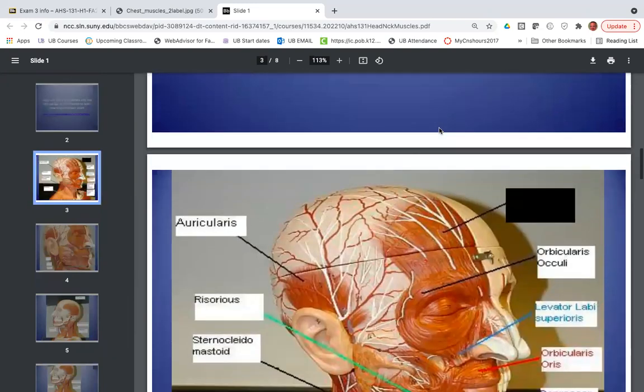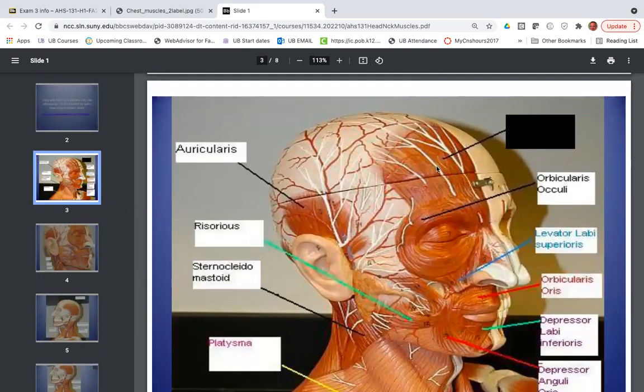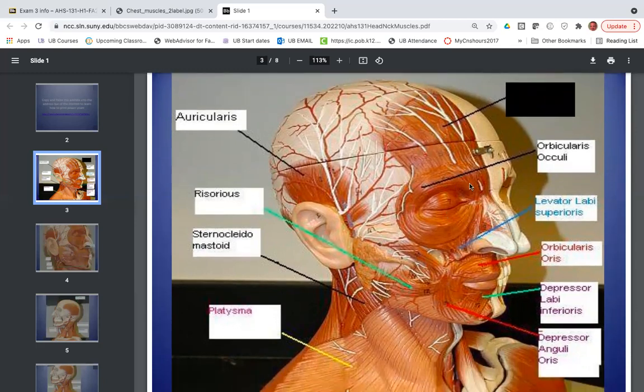Okay, so this is either the frontalis or the frontal belly of the occipitofrontalis, because there's a muscle that goes from the occiput over the cranium right to the frontal bone. So either frontalis or frontal belly of the occipitofrontalis. Going around the eye, around the orbit, is the Orbicularis oculi.